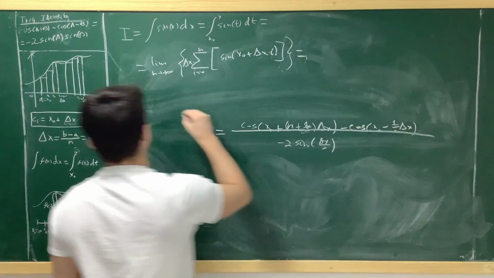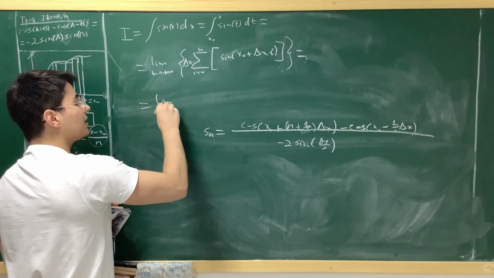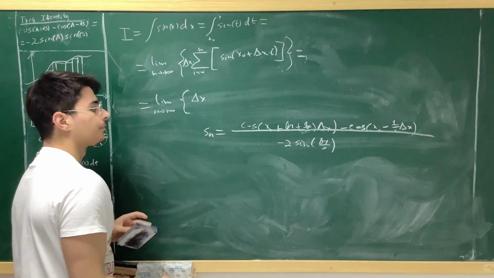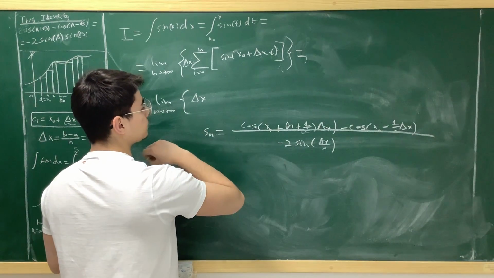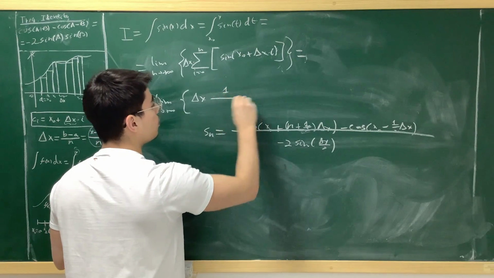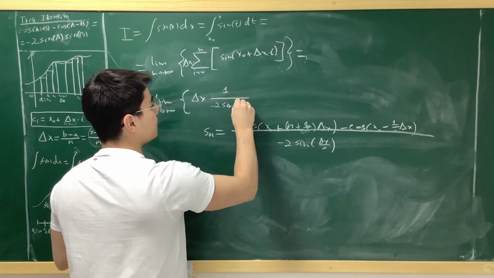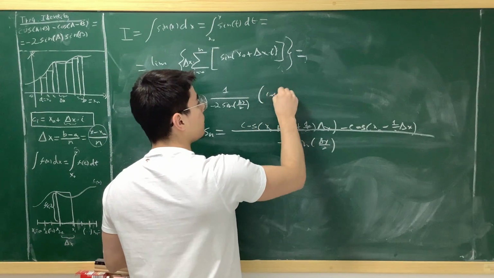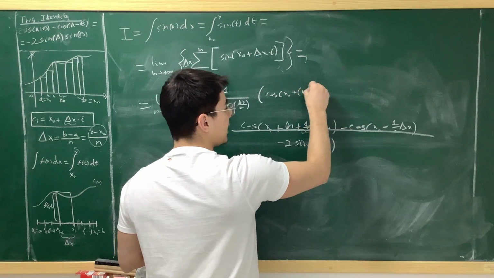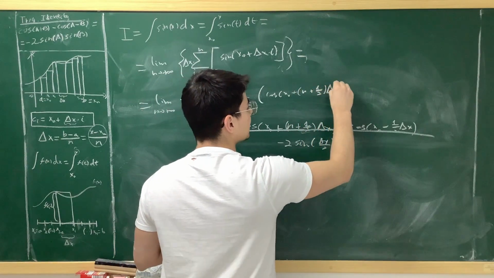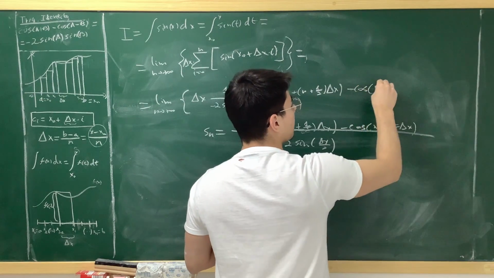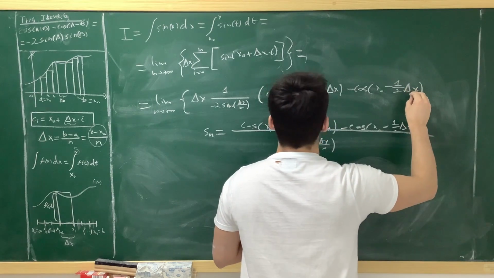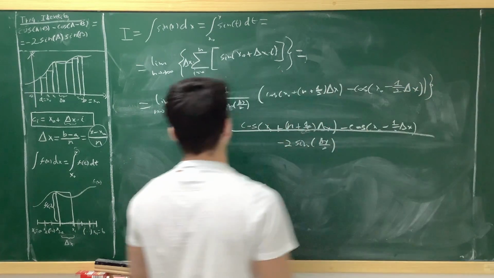So this is just the limit when n goes to positive infinity of my delta x times 1 over minus 2 sine of delta x over 2 times the cosine of x naught plus n plus 1 half delta x minus the cosine of x naught minus 1 half delta x, and that's it.